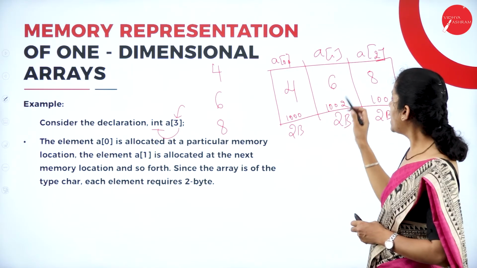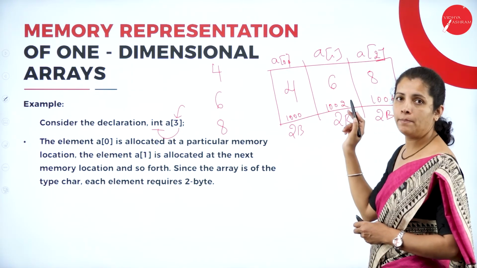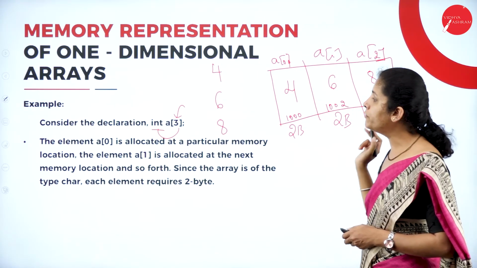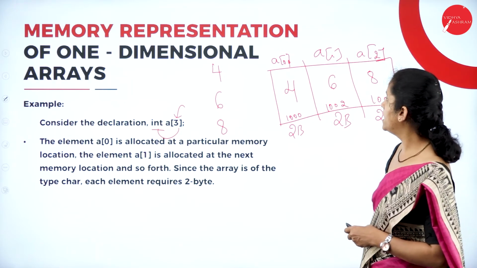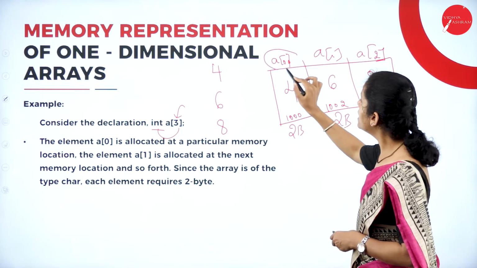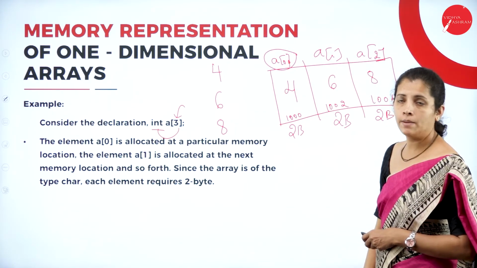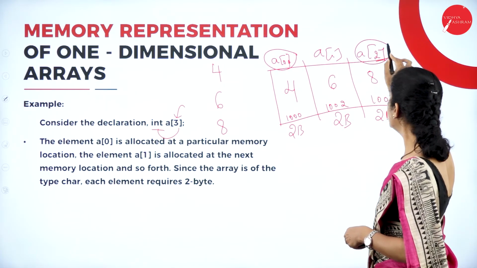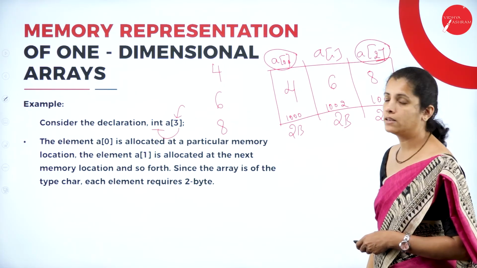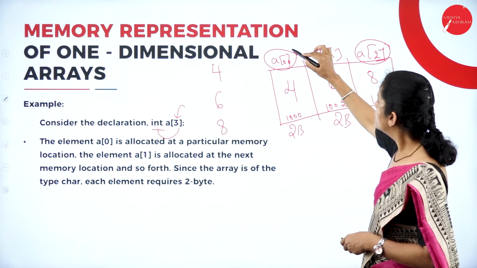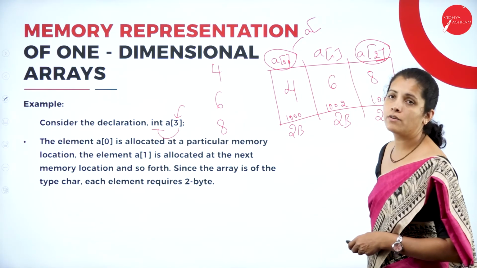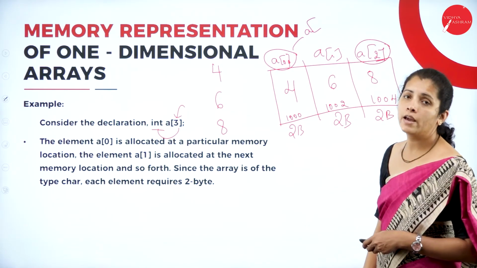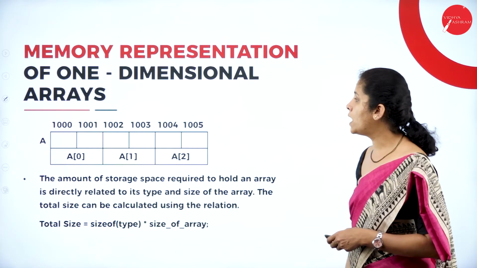Suppose if I want to access any array element, then with the help of index, I'm going to access the array element. And this is my starting array element and this is my ending array element. And it is represented with the help of array index A of 0 and here A of n minus 1.